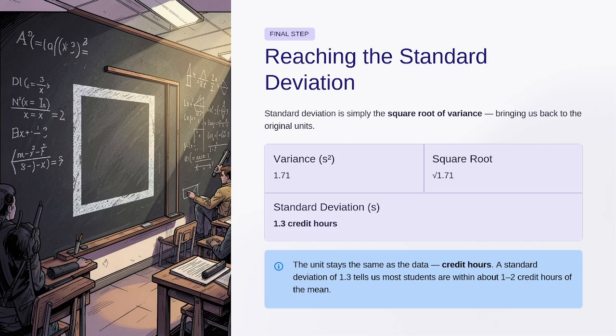This is the standard deviation. Notice something very important. The unit is now back to credit hours. This makes interpretation much easier. A standard deviation of 1.3 credit hours means that most students are roughly 1 to 2 credit hours away from the average credit load. Since the spread is small, students have fairly similar workload.